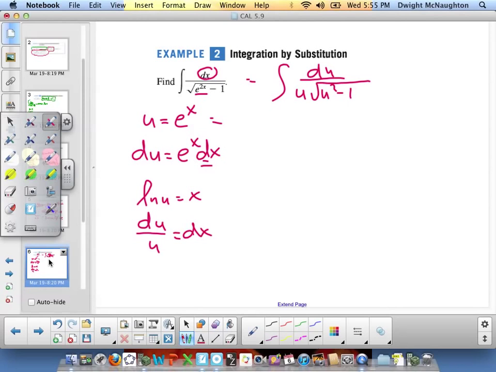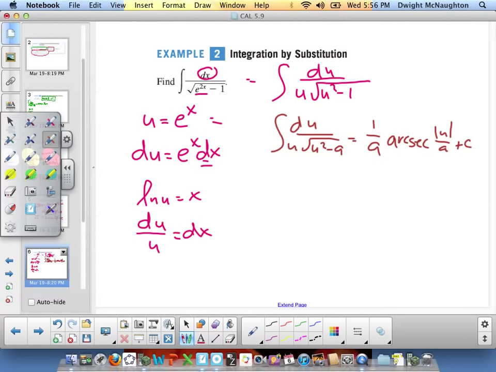The arcsecant pattern is du over u square root of u squared minus a equals 1 over a arcsecant, absolute value of u over a plus c. Well, it's almost exactly the same, except instead of having a, we got 1.